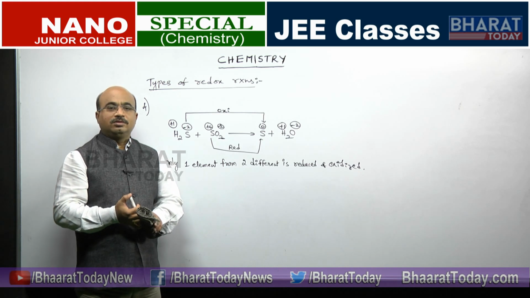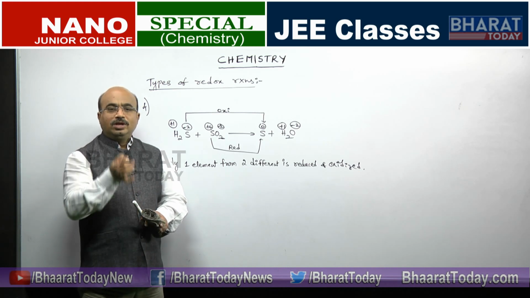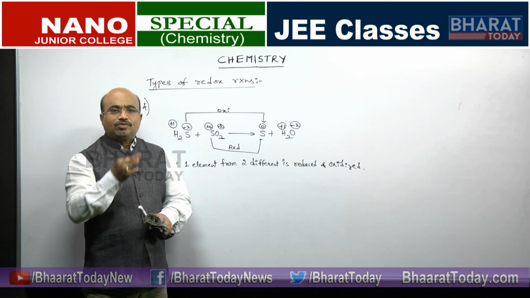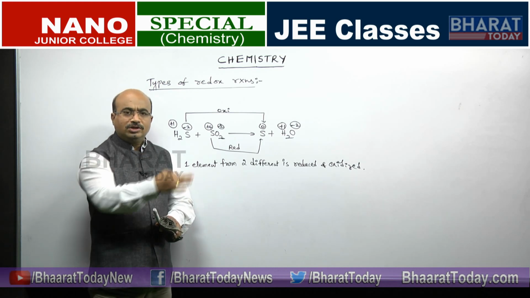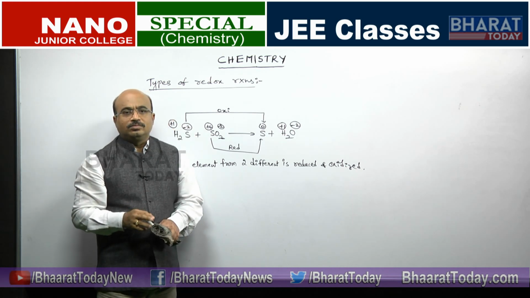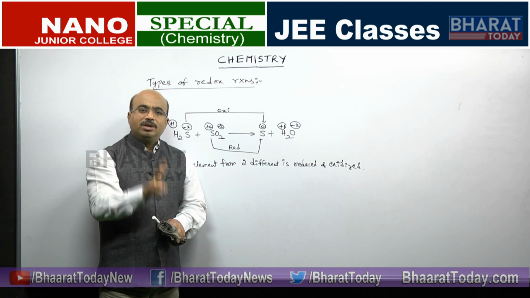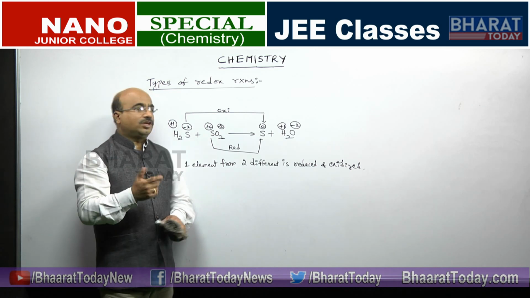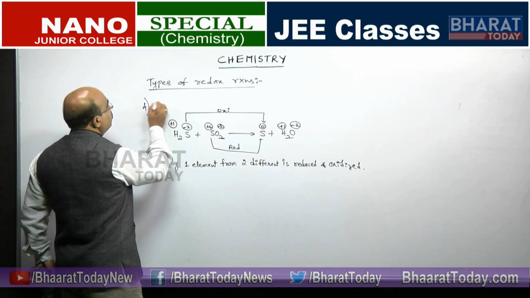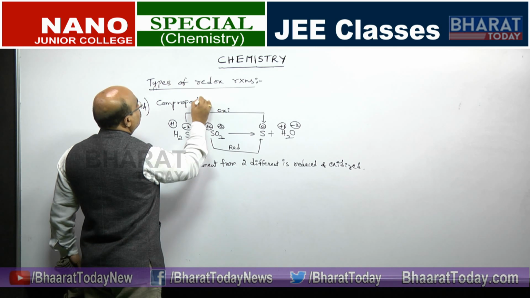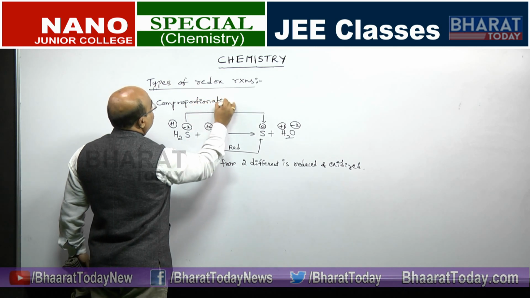See carefully, only a single element from two different molecules. From one molecule it will undergo oxidation, from another molecule it will undergo reduction, but it has to be the same element, the same atom. Such type of redox reactions we call comproportionation reactions.